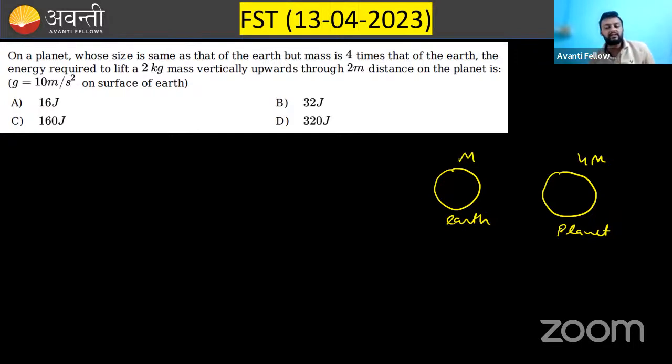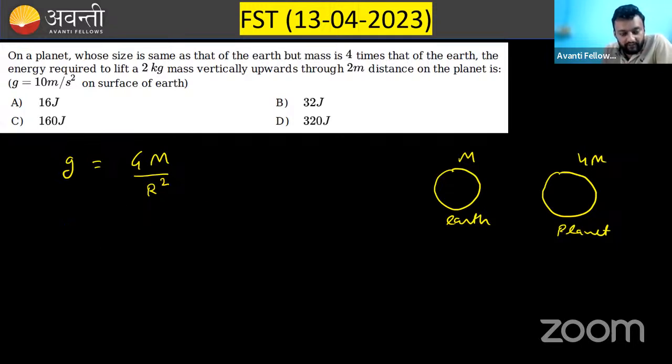So if the mass changes, then the acceleration due to gravity will also change, because you know that acceleration due to gravity is G m over r square, where r is the radius, m is the mass, G is the universal constant, g is the acceleration due to gravity.